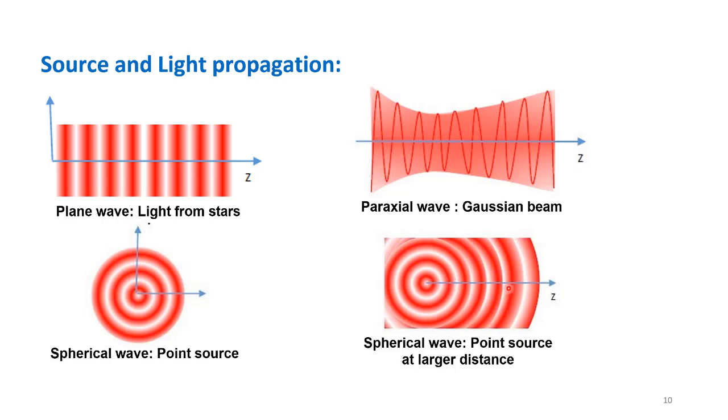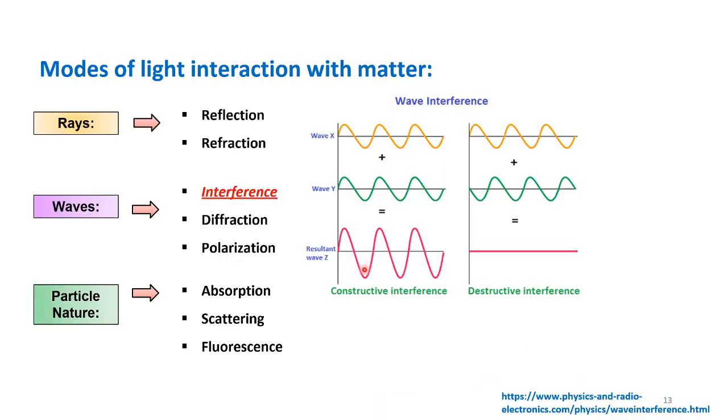This is how the interference happens. At the high intensity region there is constructive interference, at the low intensity region there is destructive interference. Similarly, you can see here: in the high amplitude one we are getting constructive interference, and when it is cancelling each other, we are getting a destructive interference.